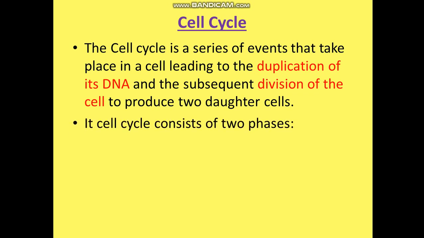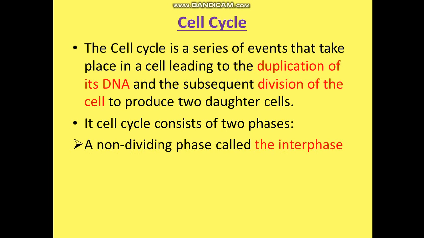The cell cycle consists of two phases: a non-dividing phase, which is called the interphase. Inter means intermediate. Non-dividing phase is the interphase. You can correlate it with intermediate, like between two division phases, an interphase.